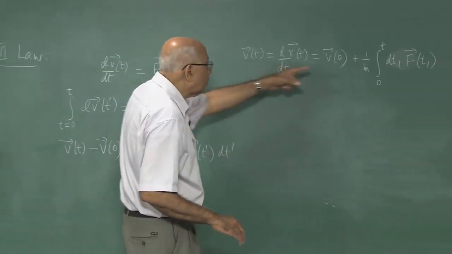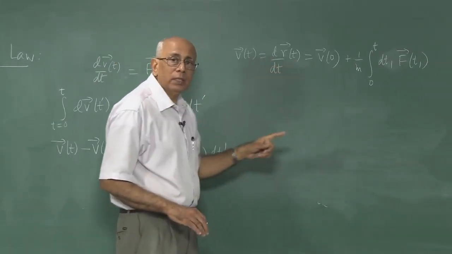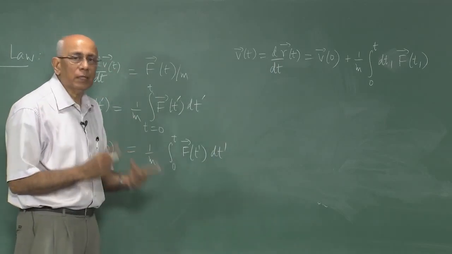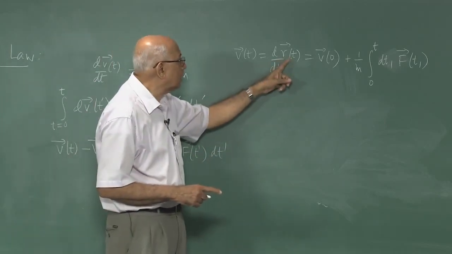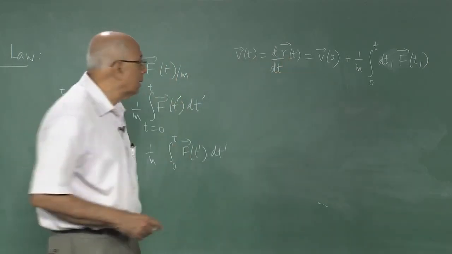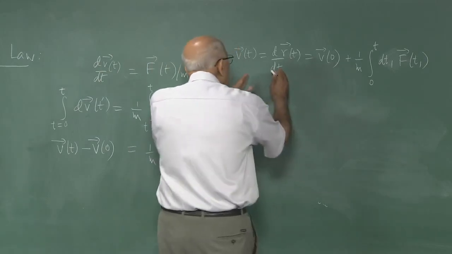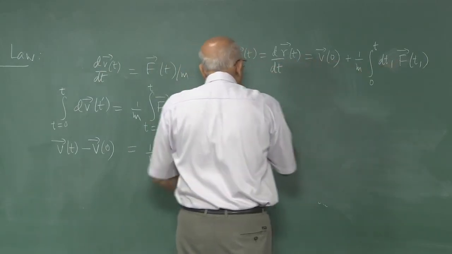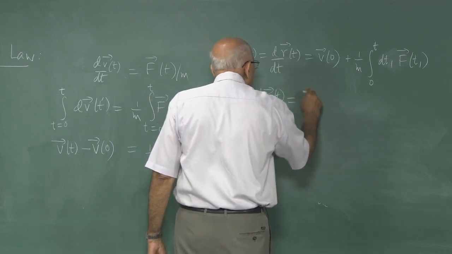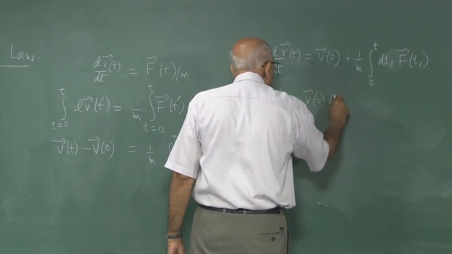So this is the formal solution to this differential equation, but it still involves a differential, it still involves the rate of change of the position, and the next step should be to integrate that. And what would one get? Again I multiply by dt and integrate, so dr of t, let me write it out, is v of 0 dt.